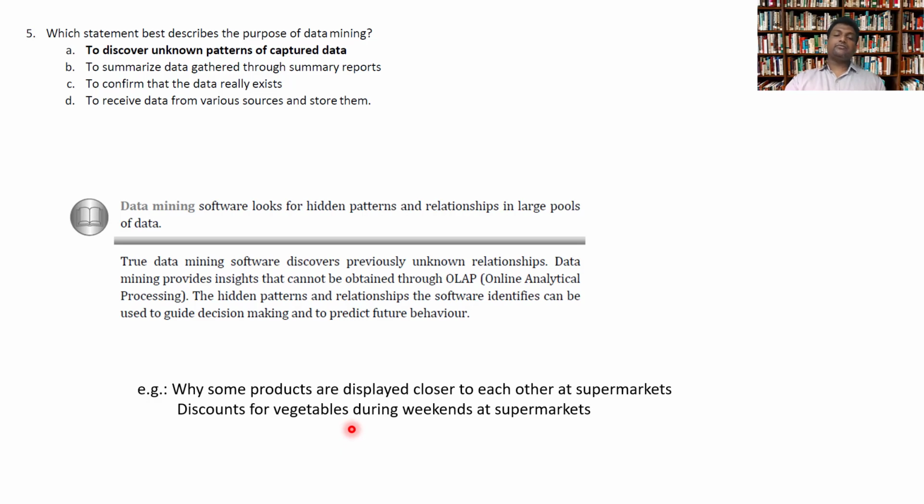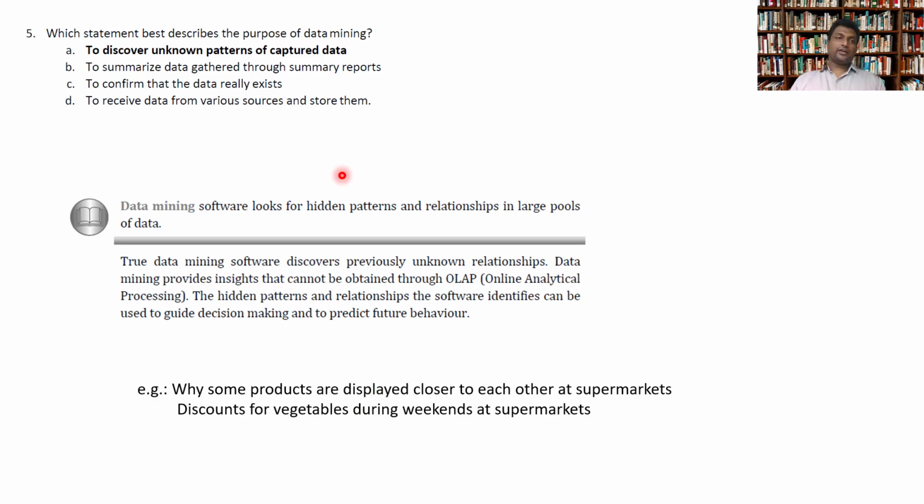And they might have found that during the weekends, people buying these products are higher compared to weekdays. So they give more discounts on that peak time so that more and more people will come and buy these products during that time, right?